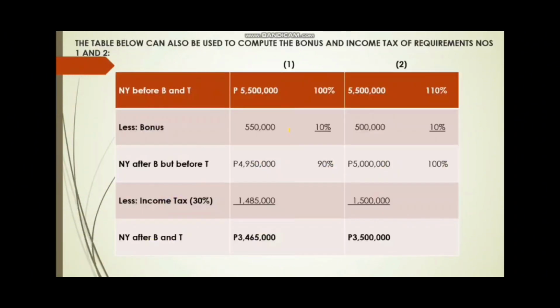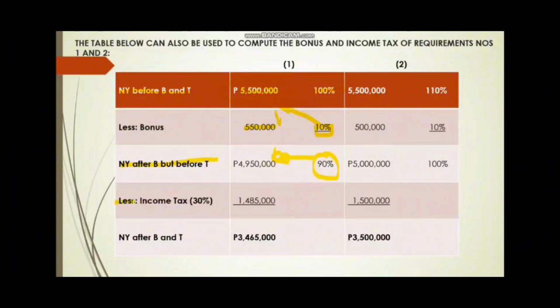The table below can also be used to compute the bonus and income tax of requirement number 1 and 2. The net income before bonus and tax is 5,500,000, at 100%. Then the bonus is 550,000, which is 10% of 5,500,000. The net income after bonus but before tax is 90%, equivalent to 4,950,000.